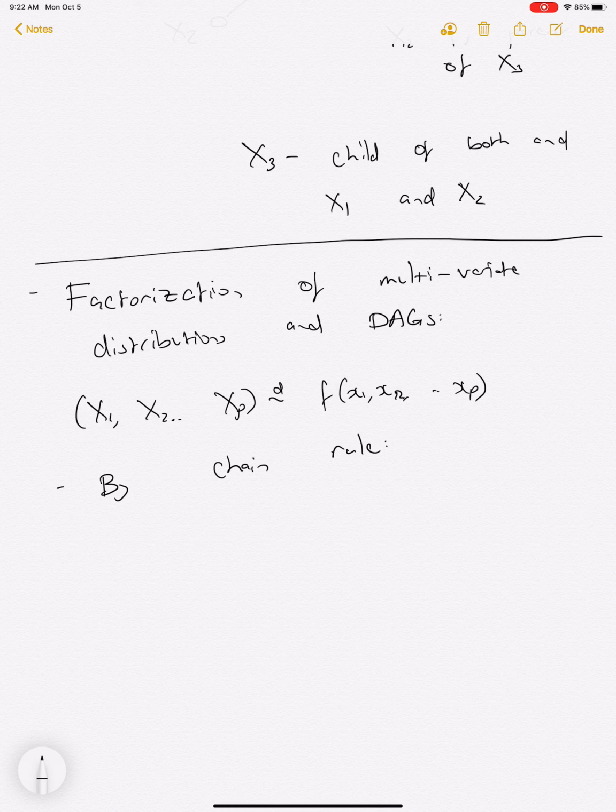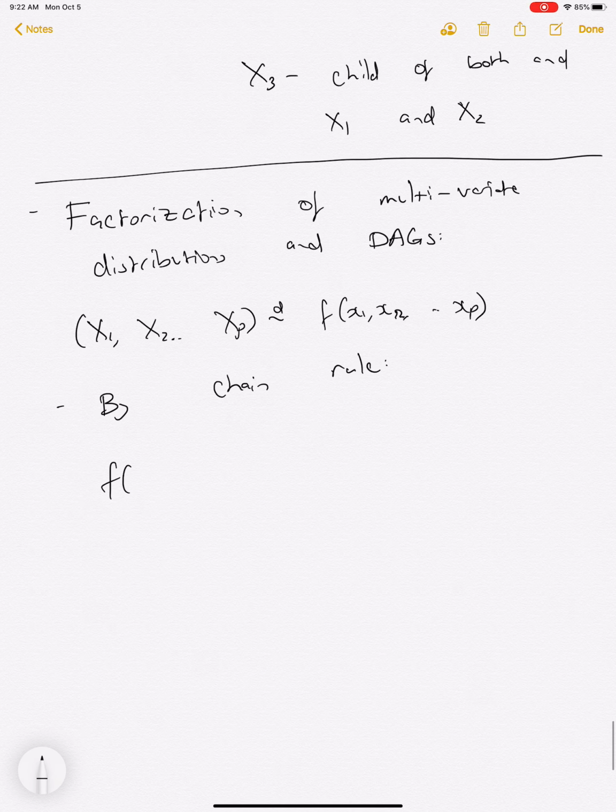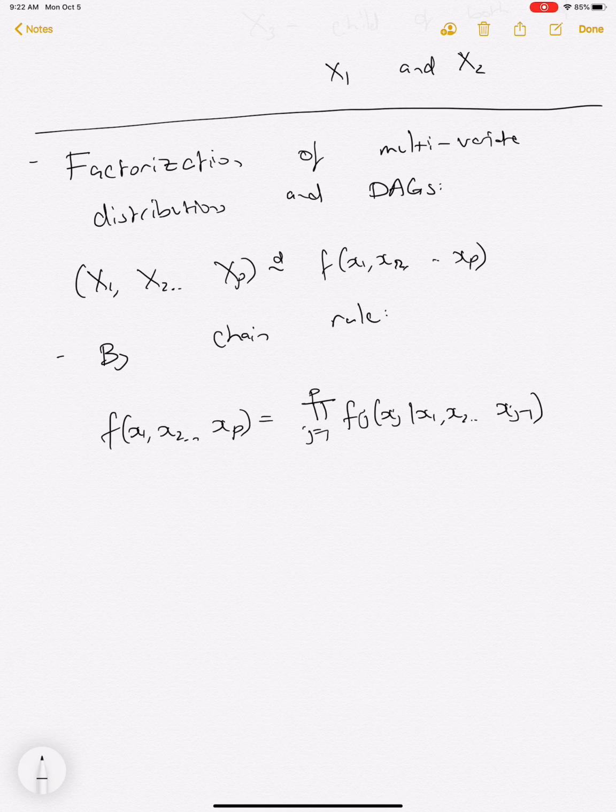So by the chain rule, if you're not exactly familiar with this, just think about conditional probability and conditional PDFs.